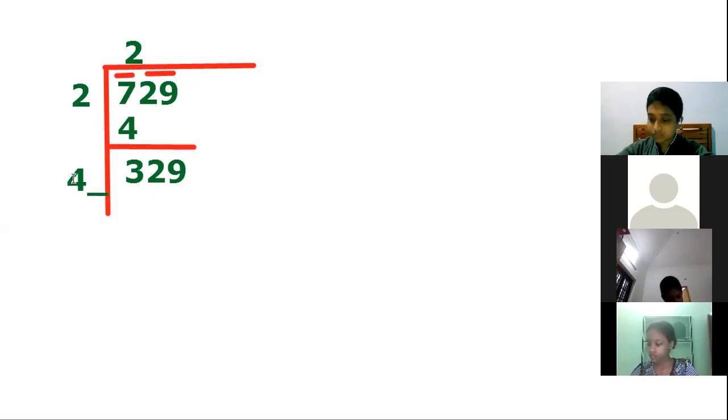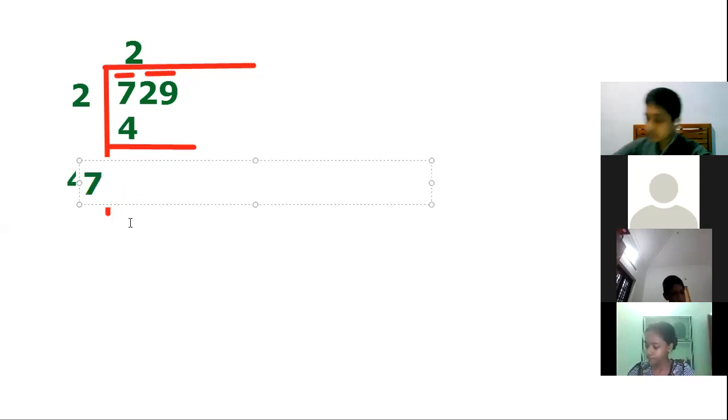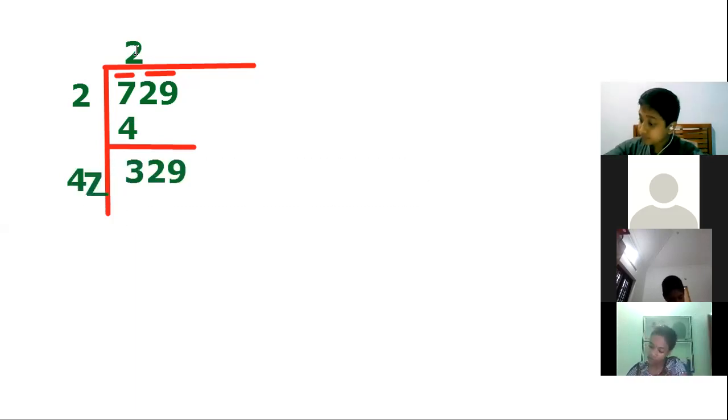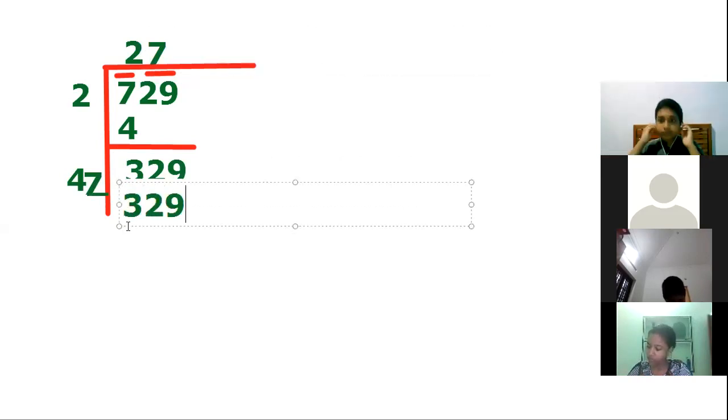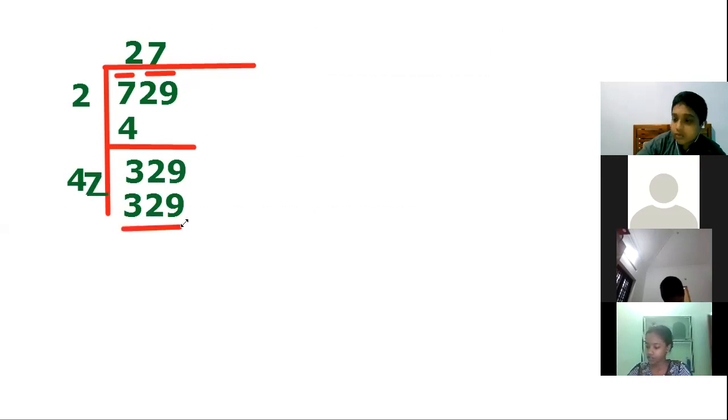That's why we can fill the blank with the digit 7, and we write 7 on top. Then 7 into 47 is 329. Then while subtracting, the remainder should be 0. Then what should be the square root of 729? 27. It is 27.